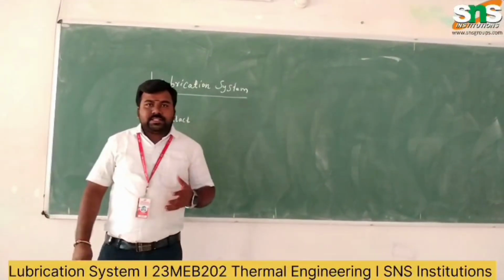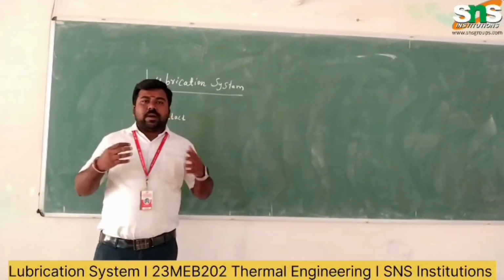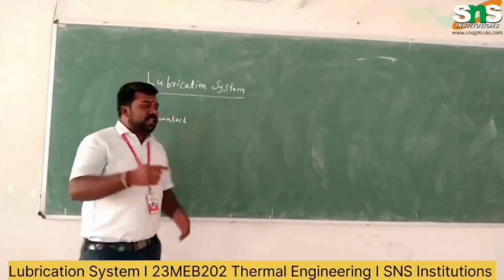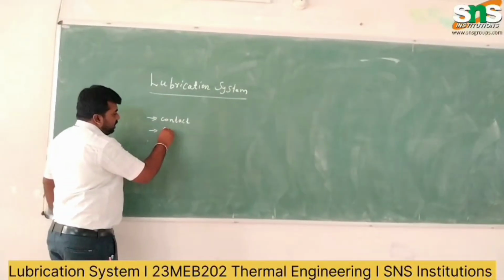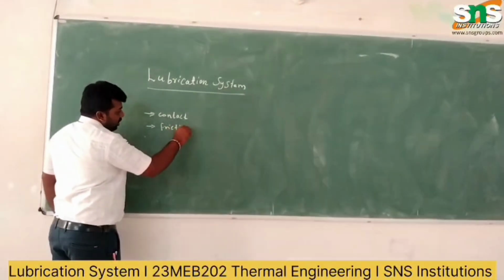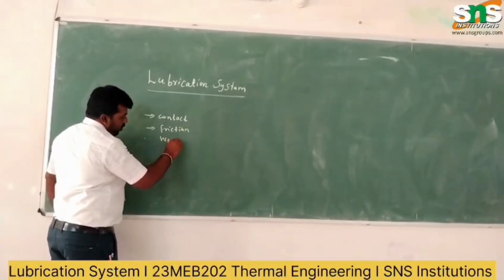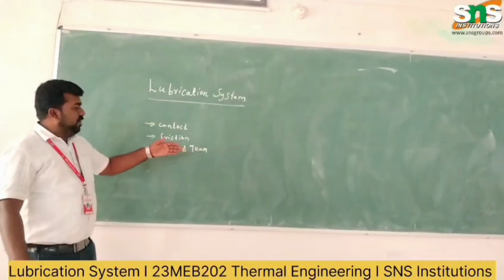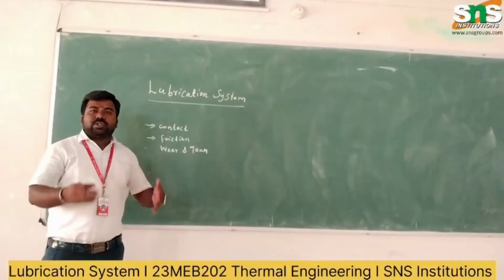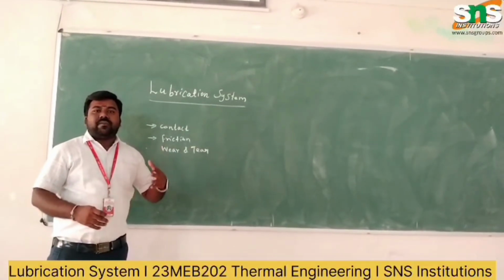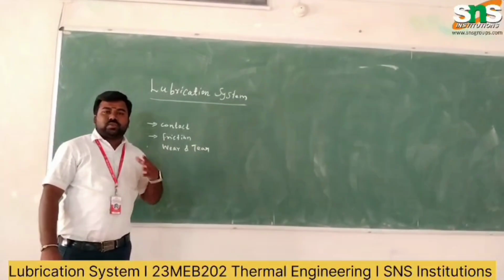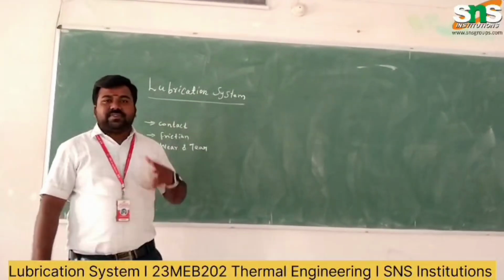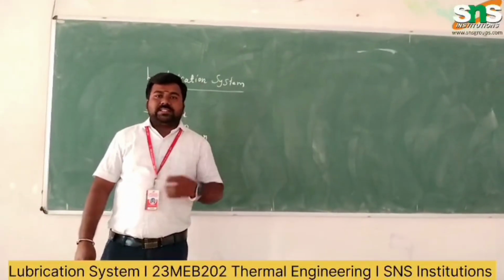In an IC engine, the moving parts rub against each other and create friction as well as wear and tear. Due to the friction, wear and tear, the engine almost loses power or performance. So the lubrication system is very much essential for an IC engine.